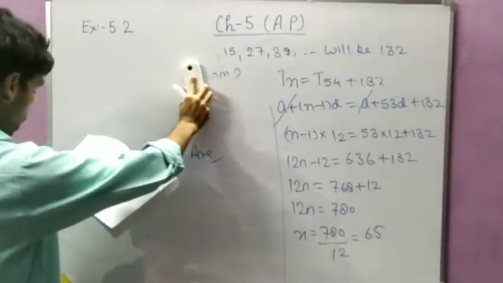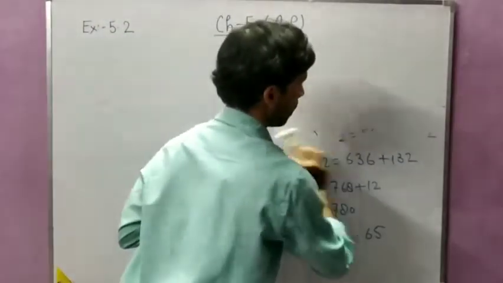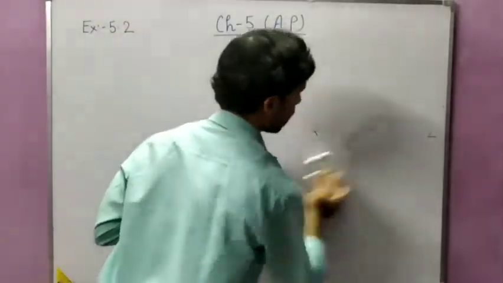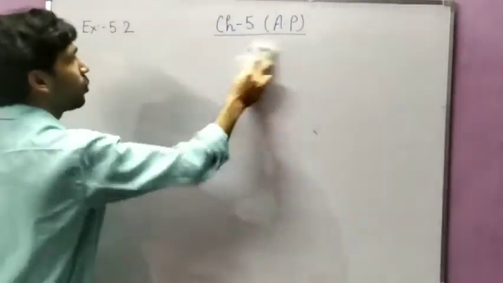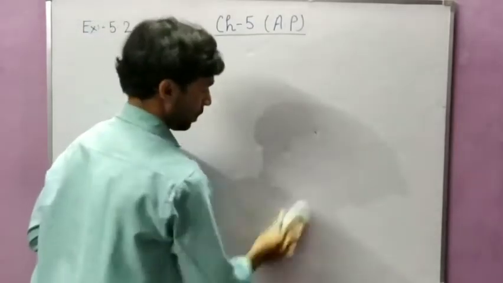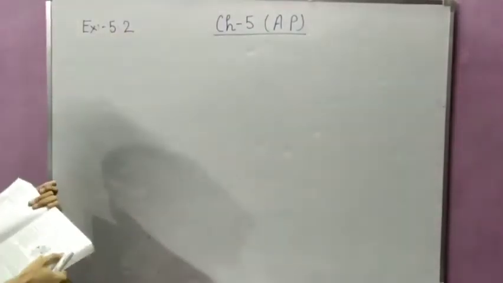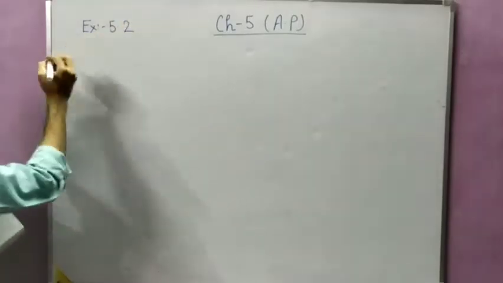Now question number 13 and 14 are very important. Out of 13 and 14, I can tell one so that you can solve this type of question. I can write the question. Question number 13.